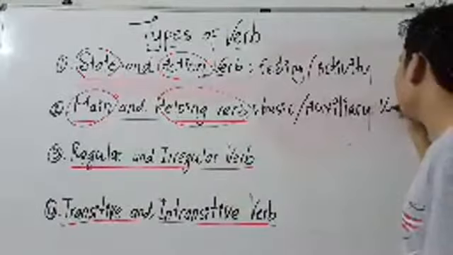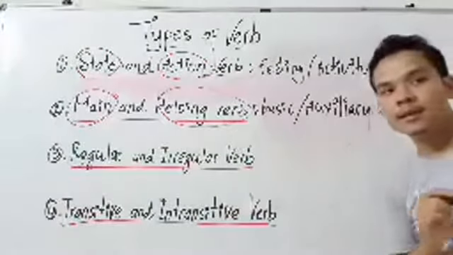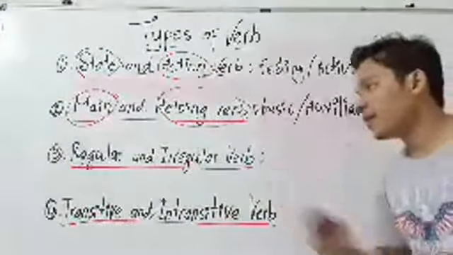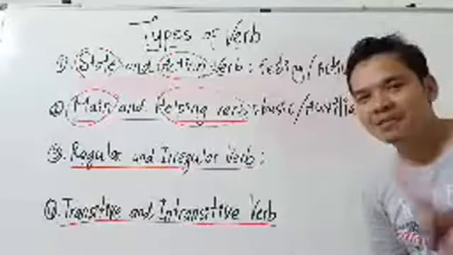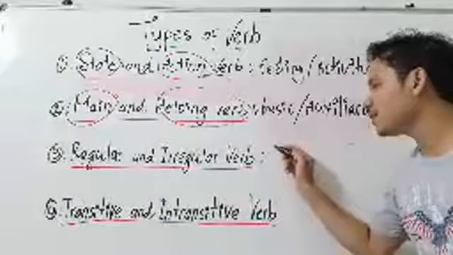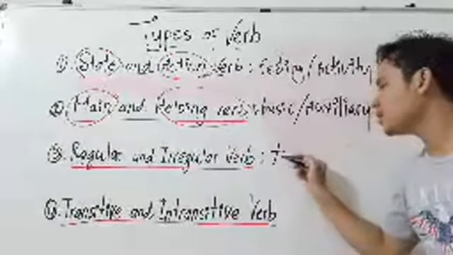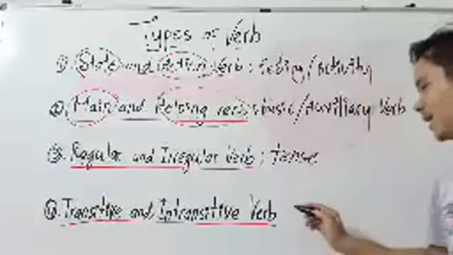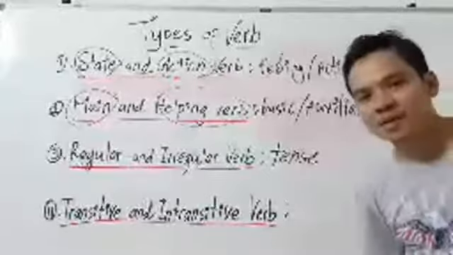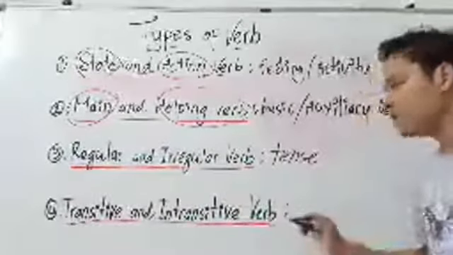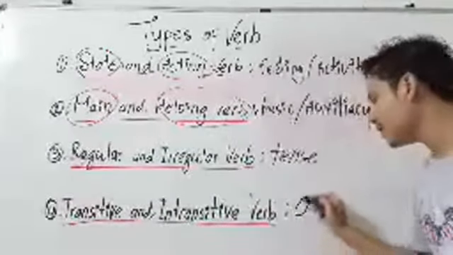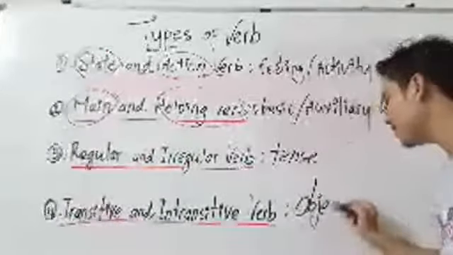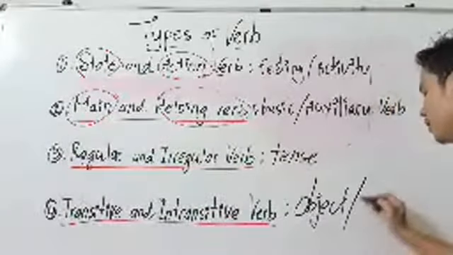Regular verb and irregular verb, we will learn the kind of verb used in tenses. And transitive verb and intransitive verb, we will learn about verbs that need an object or no object.